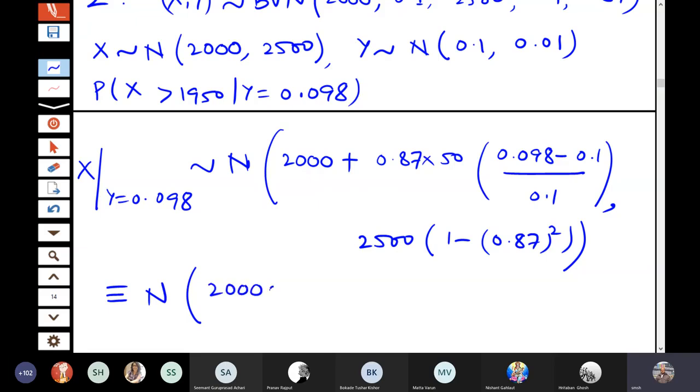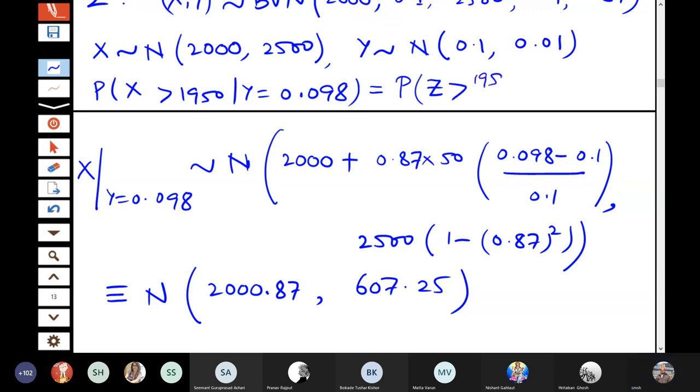The mean is 2000.87 and the variance is 607.25. So if I am calculating this probability, it is probability z greater than (1950 minus 2000.87) divided by square root of 607.25. Anyway, these coefficients can be easily simplified.